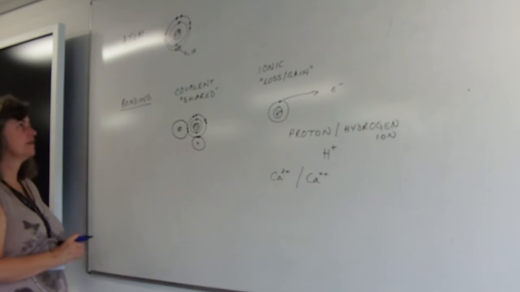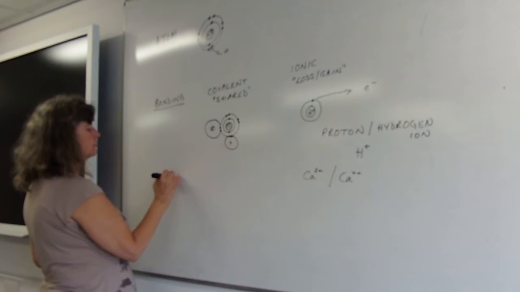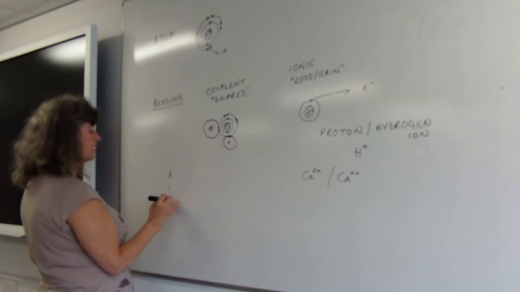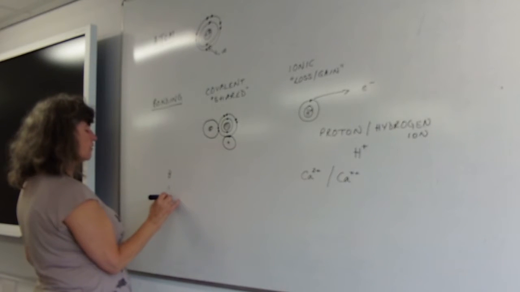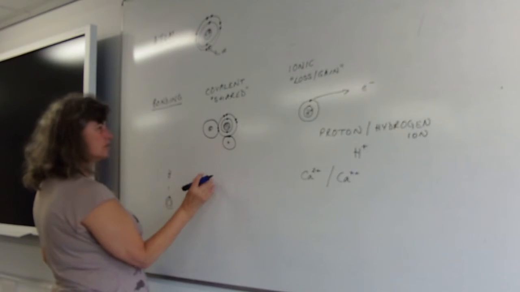So the common elements that we deal with in biology are hydrogen, which we've talked about. That has an atomic number of 1, which means that it has its nucleus and it's got 1 electron. We also deal with oxygen.